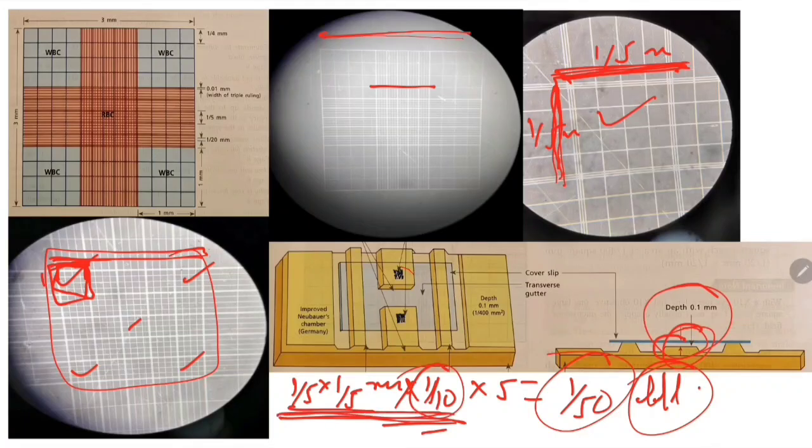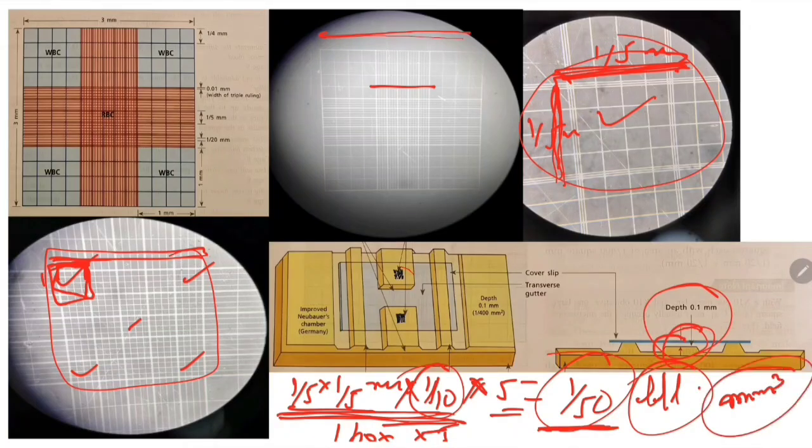The volume of this one box will be considered, and we are going to count 5 boxes. So when we multiply by 5, after calculation the total volume will be 1 by 50 microliter, or 1 by 50 millimeter cube. So that will be the volume of 5 boxes.